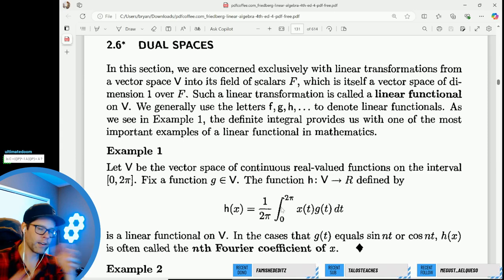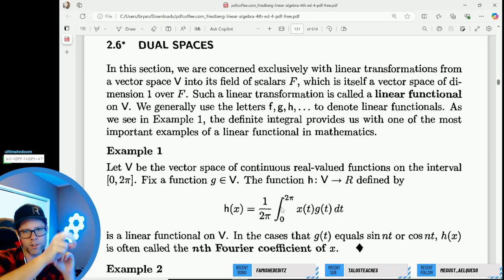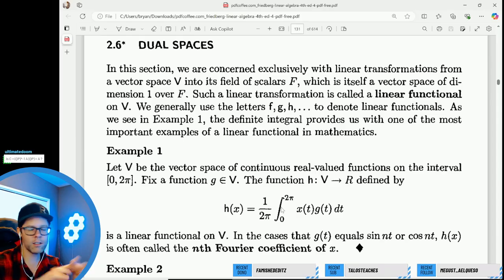Like integrating a function definitely over an interval would be a linear functional. It takes a function inside the function space we're working with and pops it into the field of real numbers. So that's what example 1 is here.